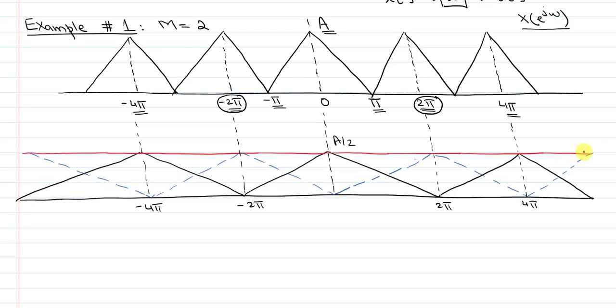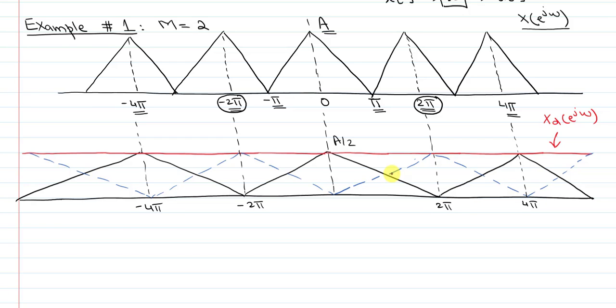So what has happened here? Your final Fourier transform is this straight line, which is X_d of e to the j omega. This black curve was due to i equal to 0. The dotted blue curve is due to i equal to 1. The final one, the summation, is this straight line.